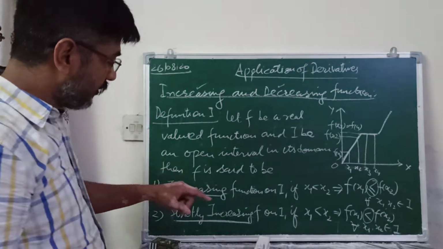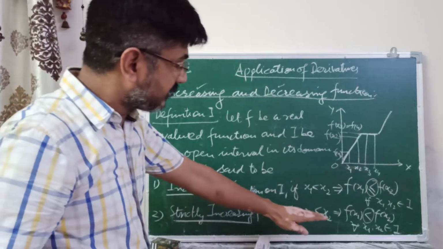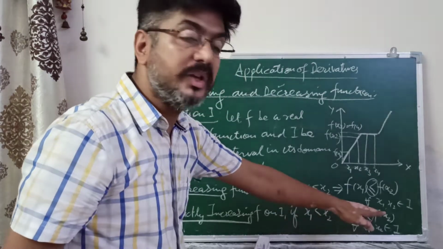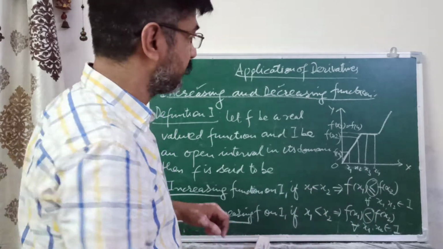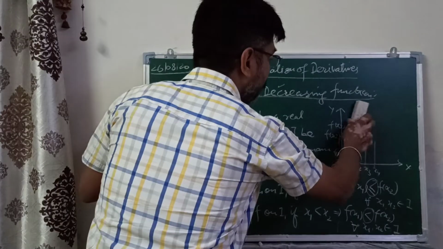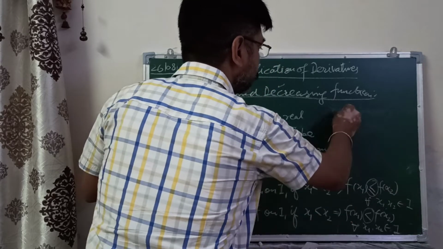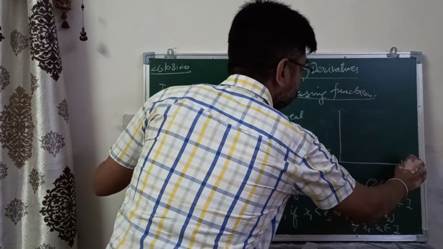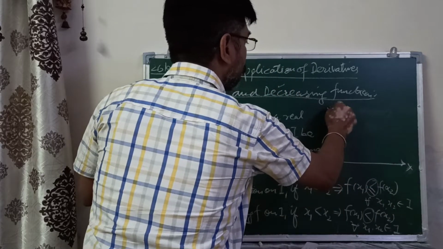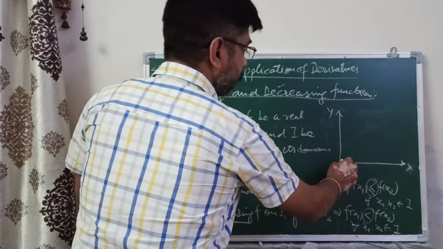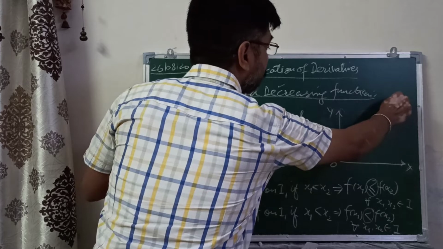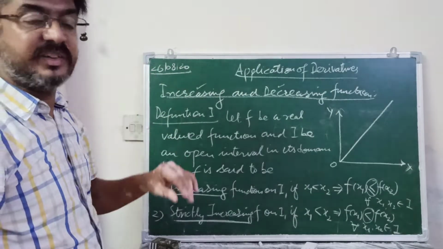Clear? Now what about this? Such a graph where there are no equal values of fx1 and fx2 will be a graph like this. X axis, y axis. If a graph is like this, then it is strictly increasing.